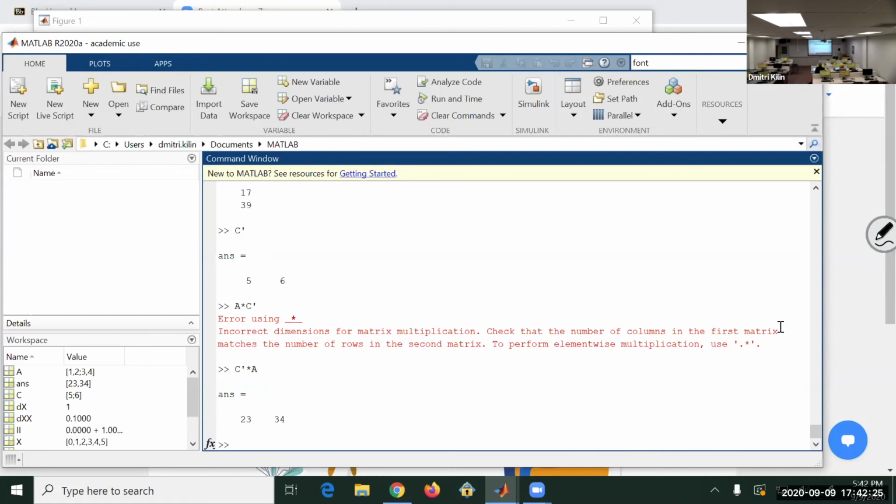So it will be 23 and 34. And it should be not a column, but a row. Yes, 23 and 34. So row by matrix will be a row again. Yeah, numbers match. Okay.